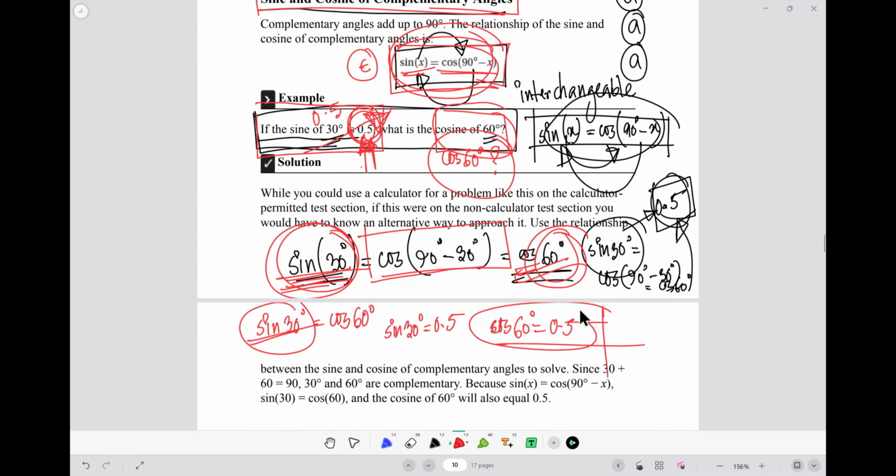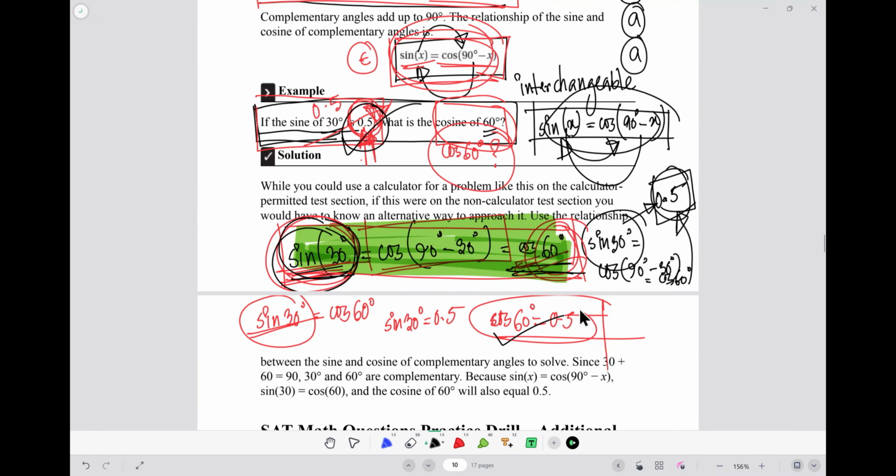We have already told you that the value of sine 30 degrees is equal to cosine of 60 degrees, because we have mathematically proved it here. In this green shaded highlighting, we are proving that sine 30 degrees is equal to cos 60 degrees. As we already know the value of sine 30 degrees given in this question, and sine 30 degrees equals cos 60 degrees, then we can write that cos 60 degrees equals 0.5. It's simple.